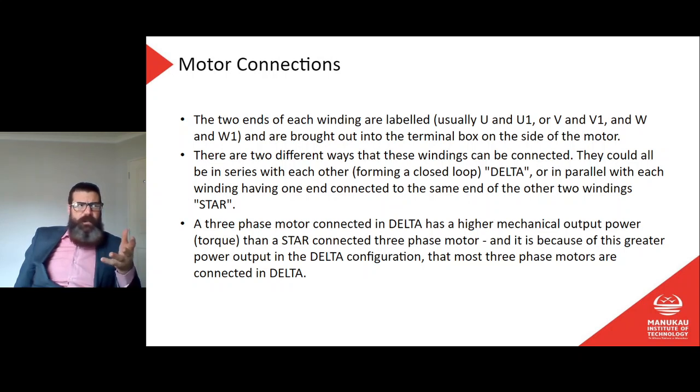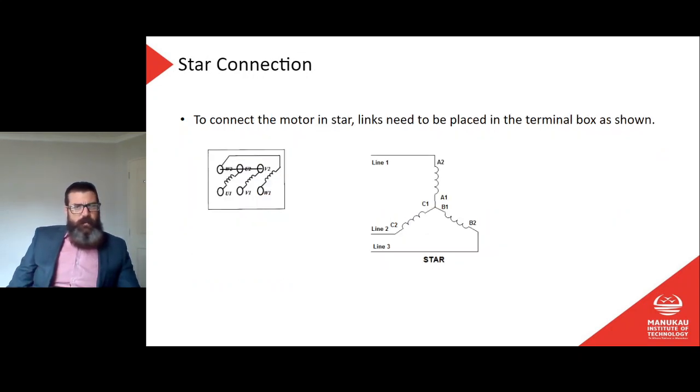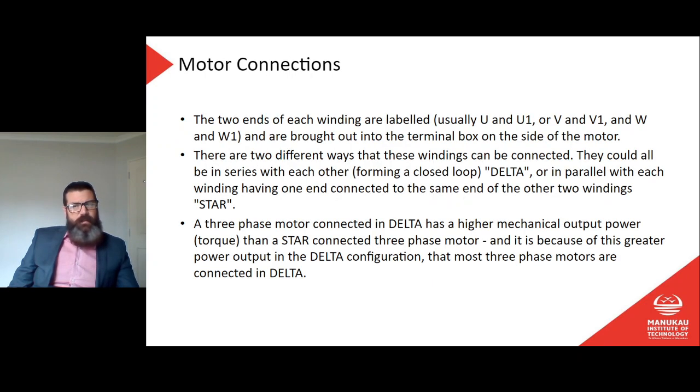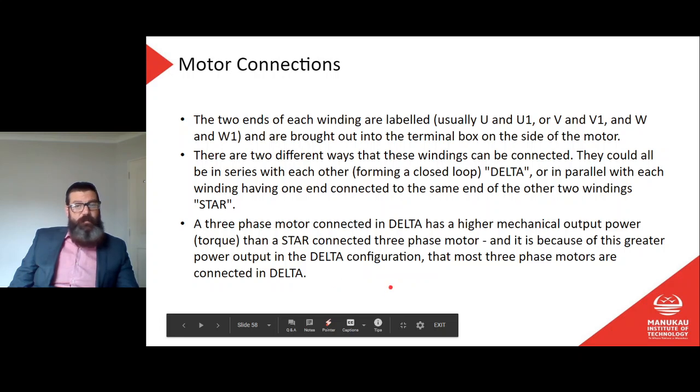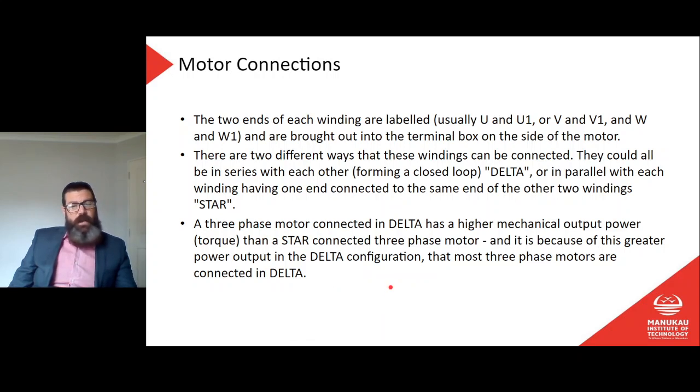In that case, you do have to understand it and connect the motor up in the appropriate way. A 3-phase motor connected in delta has a higher mechanical output, so more torque, than a star connected 3-phase motor, and it's because of the greater power output of the delta configuration that most 3-phase motors are connected in delta.